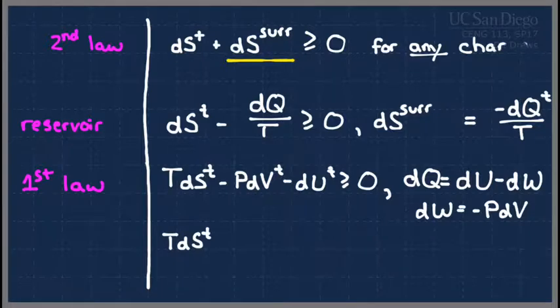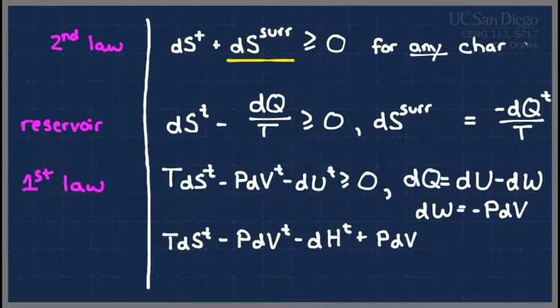We start off with the same ones here. We still have P dV total. And now we can replace internal energy, which is not particularly useful when it comes to actually measuring something, with enthalpy. If you swap it out with enthalpy, you end up with something like dH^T plus P dV^T has to be greater than or equal to 0.